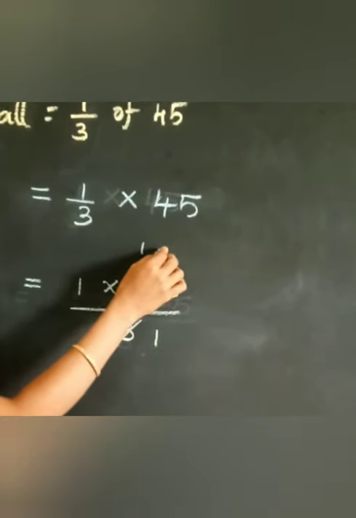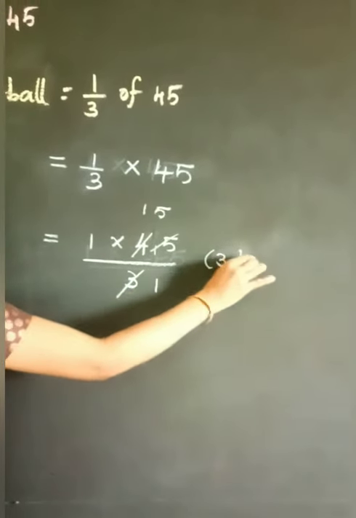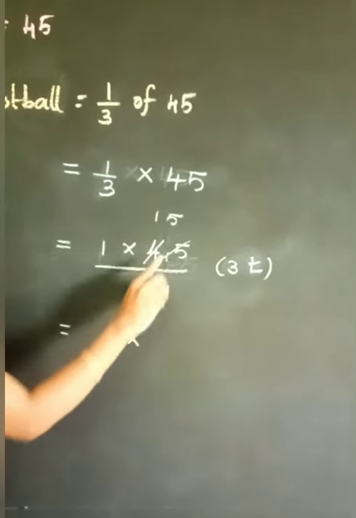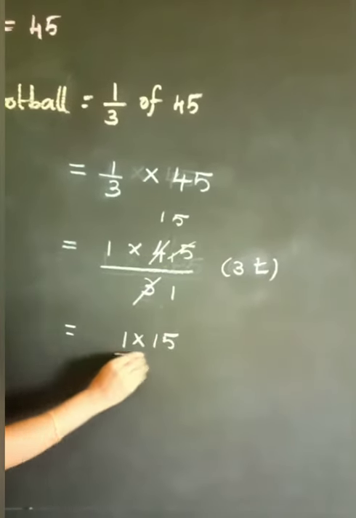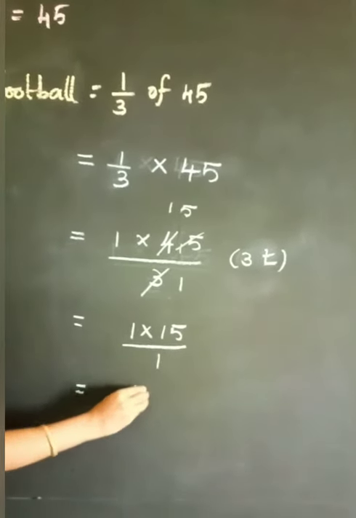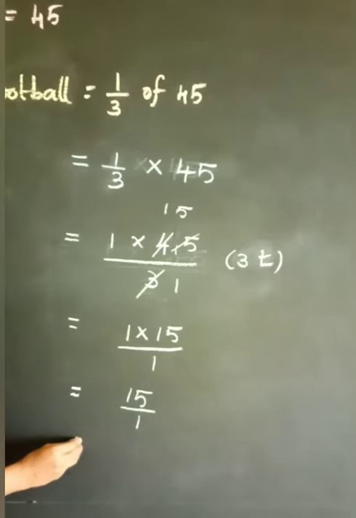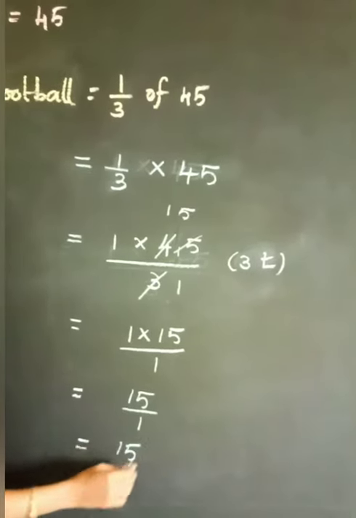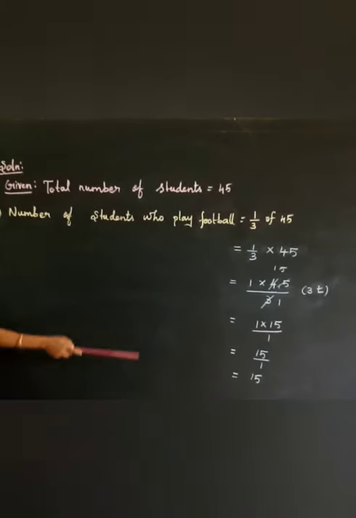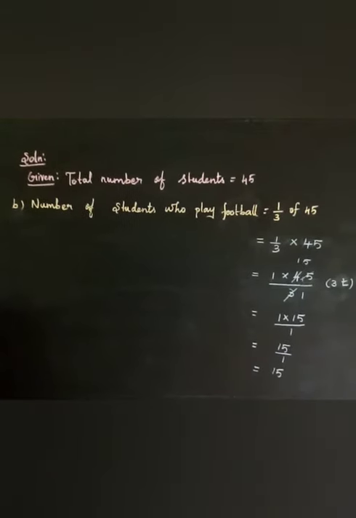So 1 into 15 divided by 1 is 15. 15 divided by 1, we get the answer 15. Therefore, how many students have played football? 15 students. That is the answer for football.